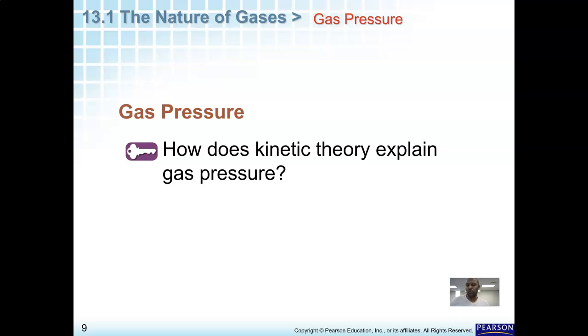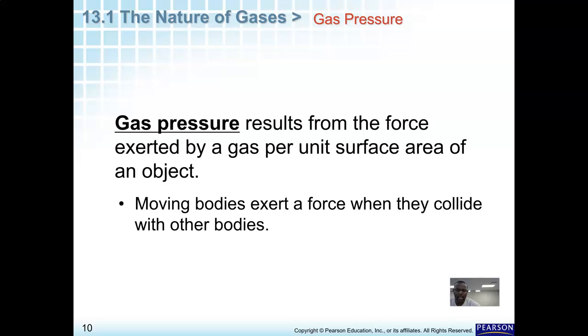Kilo is a prefix, which means 1 kilopascal is 1000 Pascal. So the question you have to answer under this subtopic of gas pressure is, how does kinetic theory explain gas pressure? Gas pressure is the pressure that results from the force exerted by a gas per unit surface area of an object, which is force over area.